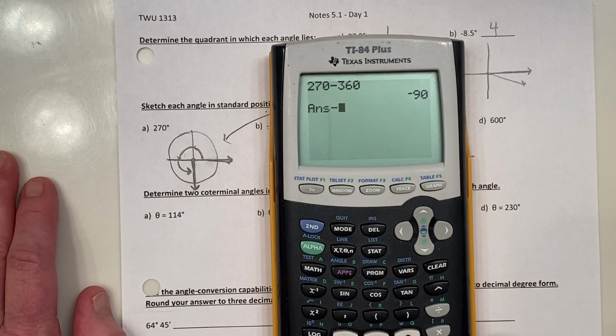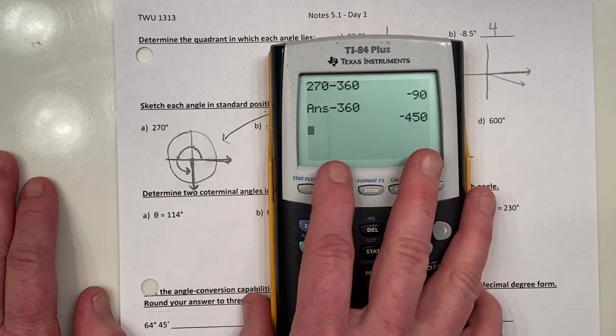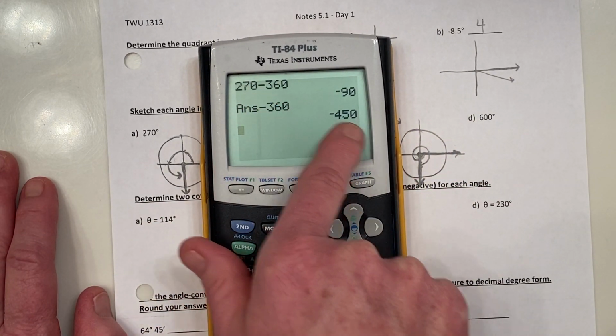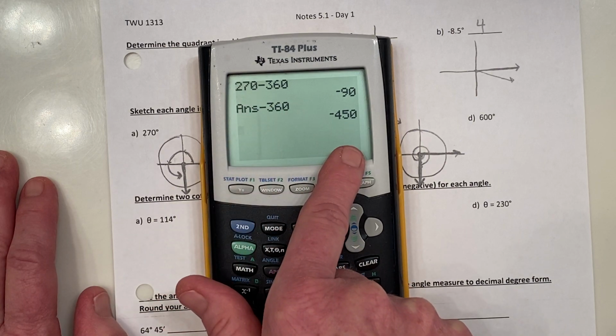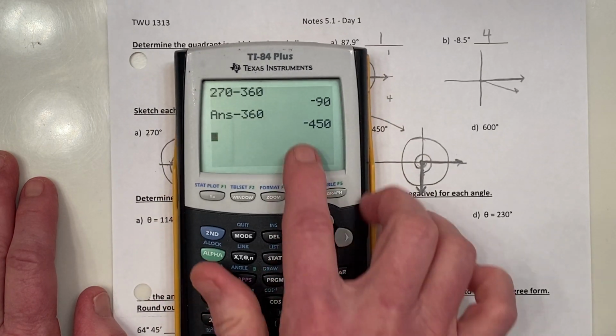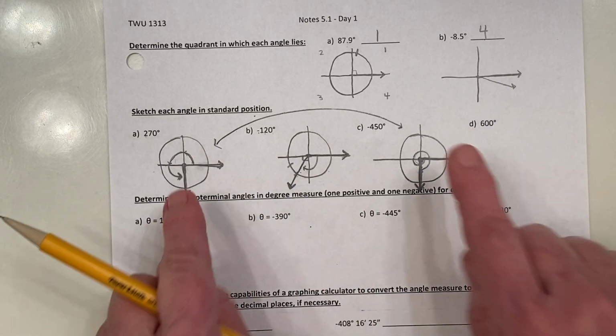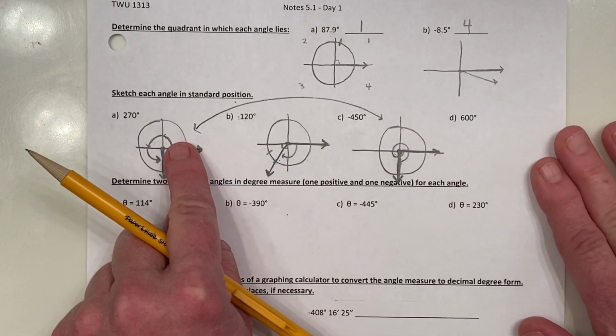Let's take negative 90 and subtract another 360. Well, by adding or subtracting multiples of 360, we can find coterminal angle measures. So we land at negative 450 degrees. So we verified with a calculator that we do have two coterminal angles.